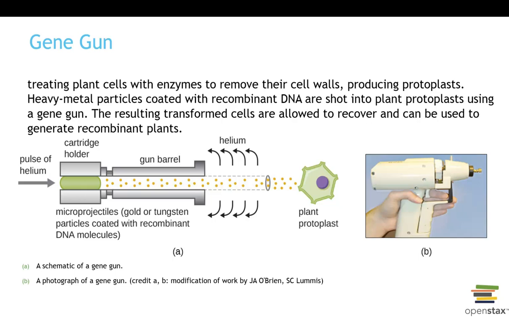They also use the gene gun, especially for plant cells, because plant cells have cell walls, and it's much harder to introduce the recombinant DNA into plant cells. When they use the gene gun, they remove the cell wall with the help of some enzymes, and then by using these guns, which use helium pressure, they can shoot the recombinant DNA into the cell.